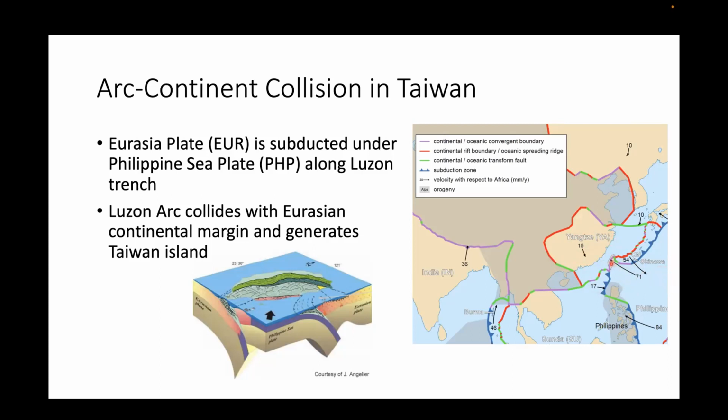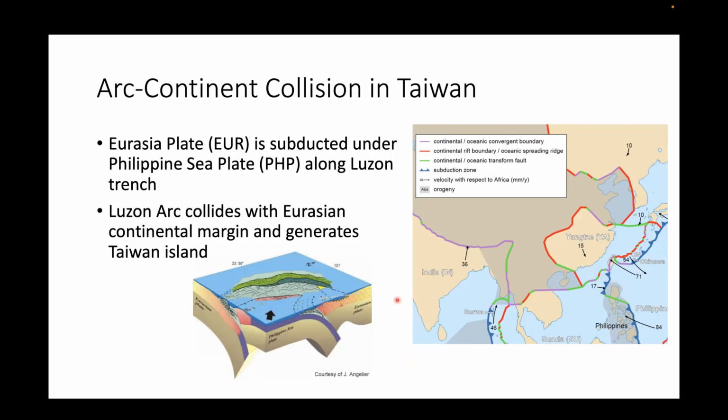And the plate boundary here has two parts. On the northern side, the Philippine Sea plate subducts beneath the Eurasian plate. On the southern side, the Eurasian plate subducts underneath the Philippine Sea plate. So it's an opposite change of polarity.